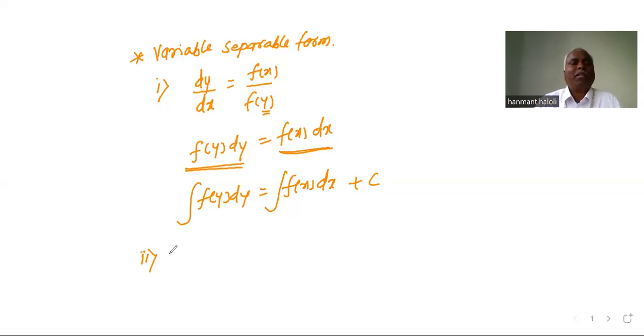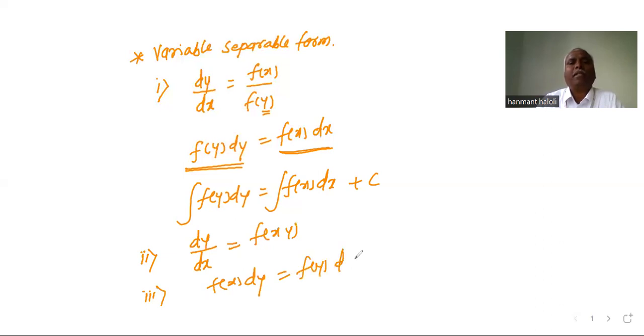Sometimes they also ask in a second, different way. Suppose here dy by dx is equal to f of xy form. Here also we can make the separation. Sometimes we get f of x into dy is equal to f of y into dx.